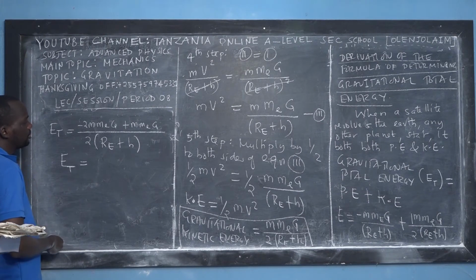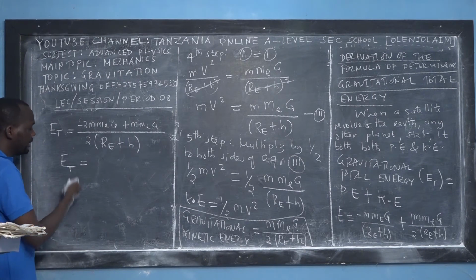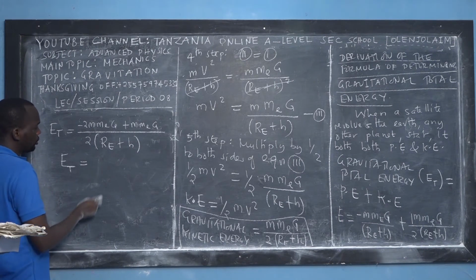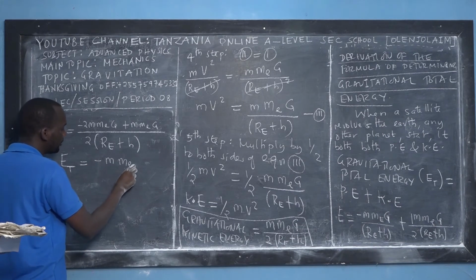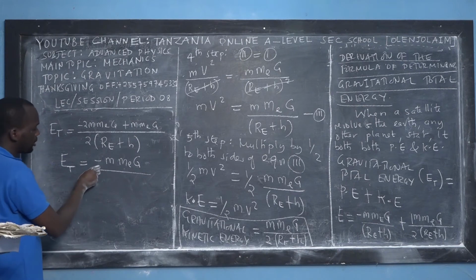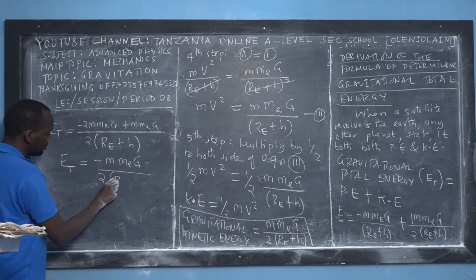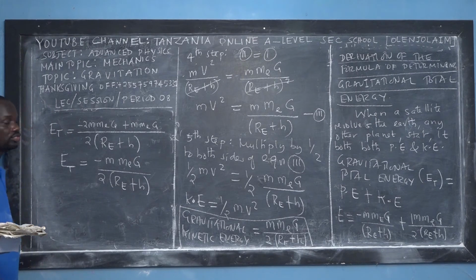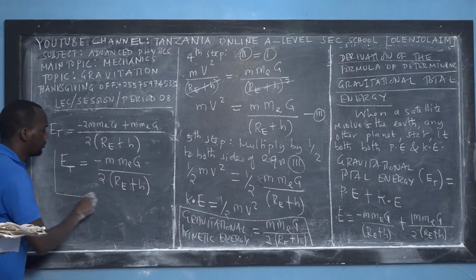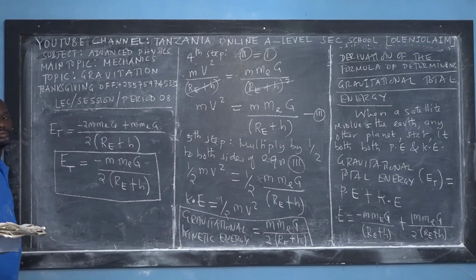So the total energy for this case, this plus this, we get negative. So it should be negative mass of the Earth, universal gravitational constant, and then you have 2 times the radius of the Earth plus 2h. So this is the general formula of total gravitational energy.